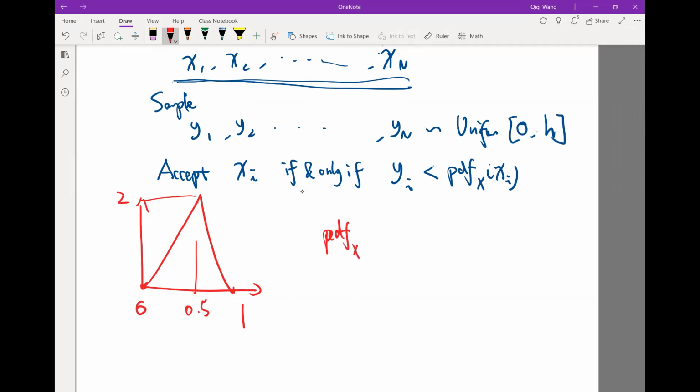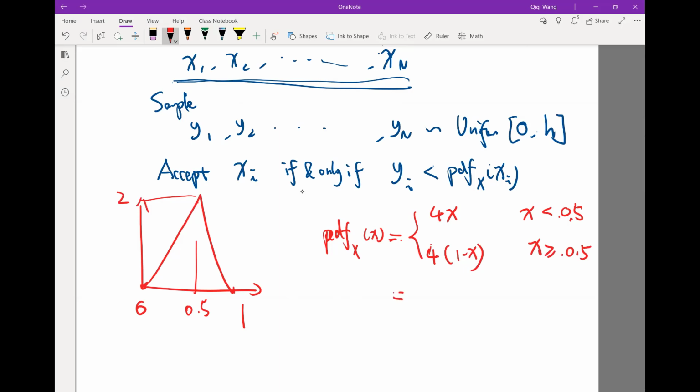at x, it depends, right, where you are. So if x is less than 0.5, my PDF is what? It's 4x, right? If x is greater than 0.5, my PDF is 4 times 1 minus x, right?